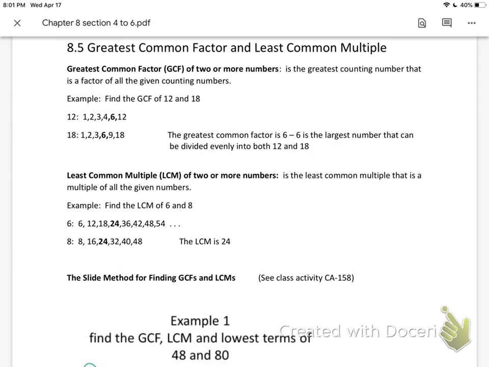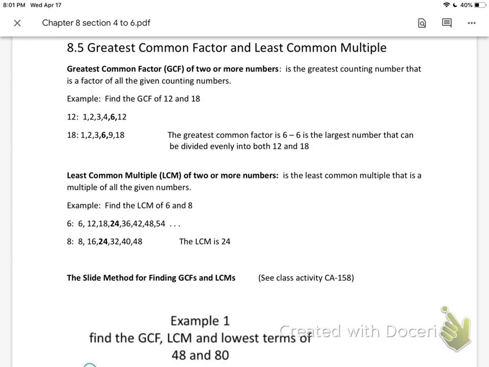Those are the multiples. Look at the multiples of 8. Do you see how I've bolded 24? So 24 is the lowest number that's a multiple common to both 6 and 8. So therefore it is the least common multiple.